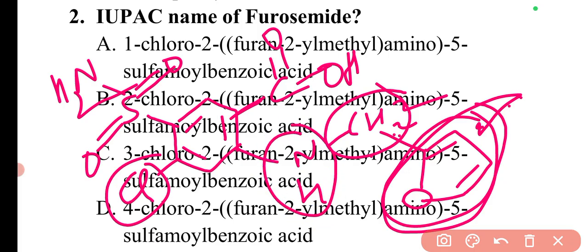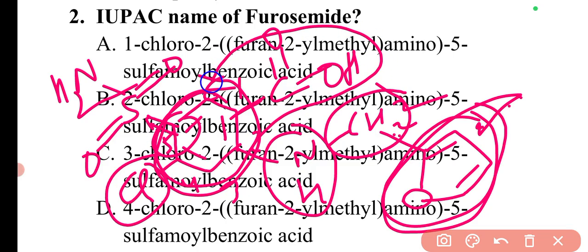And at the fifth position, counting 1, 2, 3, 4, 5 and 6, this fifth position has a sulfamoyl group, and this is the simple benzoic acid.